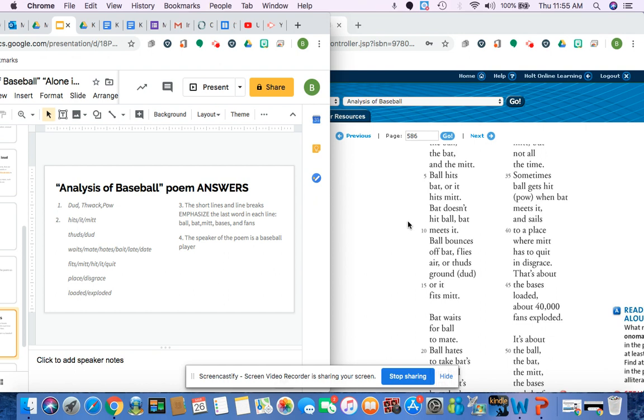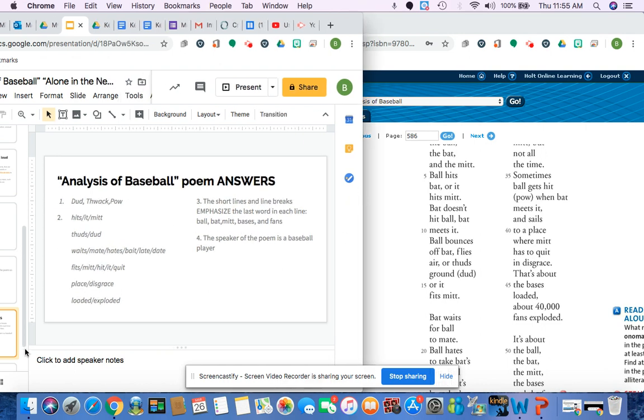These are short lines, and as I said before, there are line breaks there as well. And then finally, the speaker of the poem is a baseball player, which should have been pretty obvious. They were talking about the game, what's going on between the bat and the mitt, and all the different aspects of baseball. Since I went over time on this one, I'm just going to end this here.